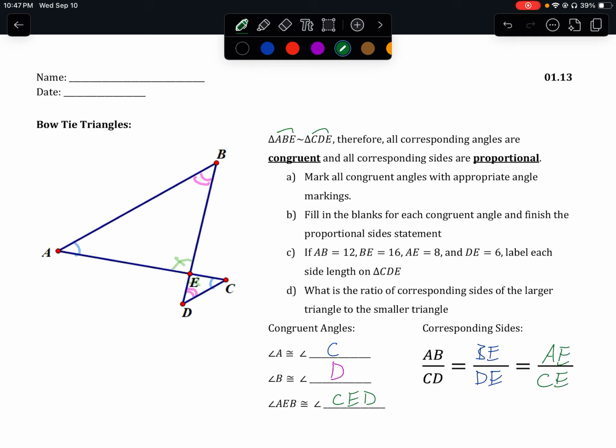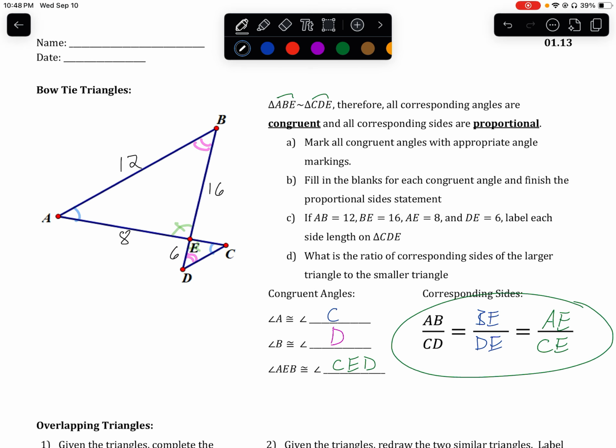What this allows me to do is use this corresponding side proportional statement to answer any questions that I might have. So in part C, it says if AB is 12, BE is 16, AE is 8, and DE is 6, label all the missing side lengths of triangle CDE. So I'm going to label those really quick. 12, 16, 8, and DE is 6.